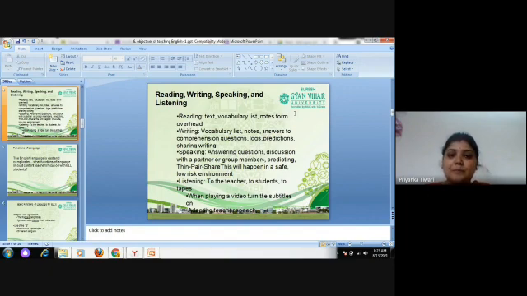Reading means text, your vocabulary part, text part, novel, and themes, and different notes from overhead you are reading. Writing means writing vocabulary lists and notes, answers to comprehension questions, logs, predictions, and sharing writings.